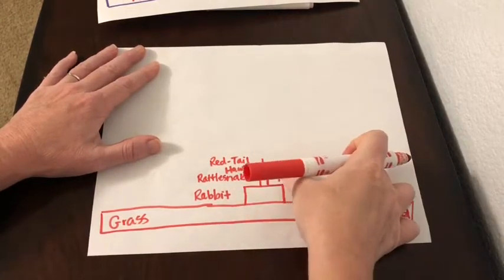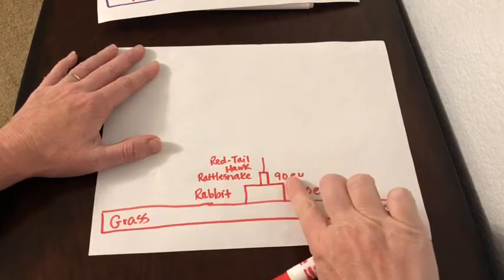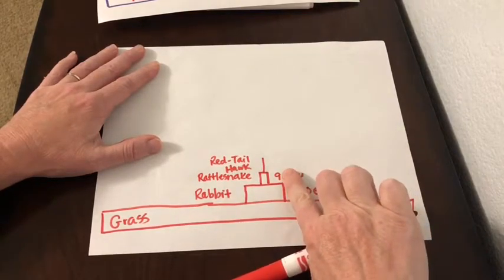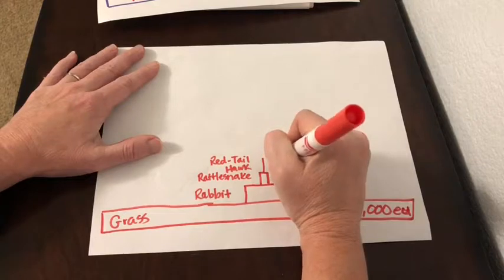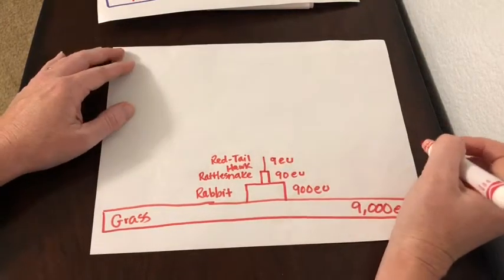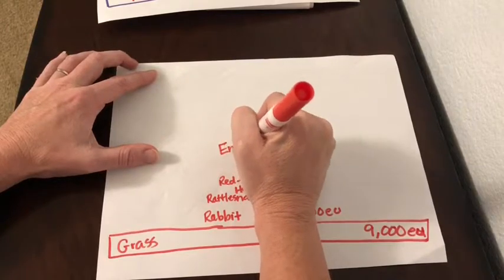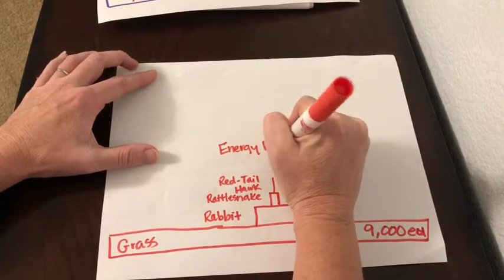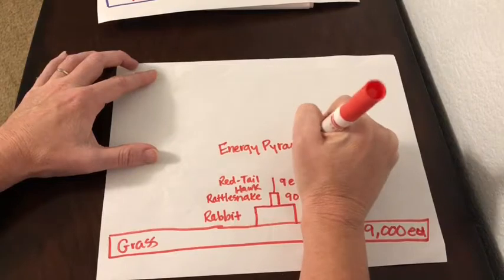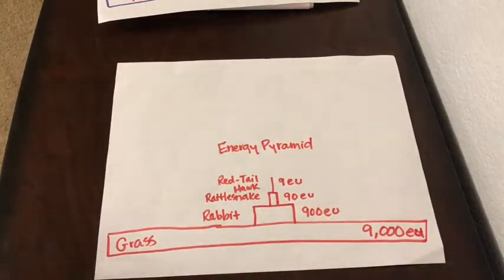And take off that 0 and, oh, I'm blocking it. Take off the 0 and you're down to 9. Okay, so that could be another energy pyramid, and you should be able to make these up pretty clearly.